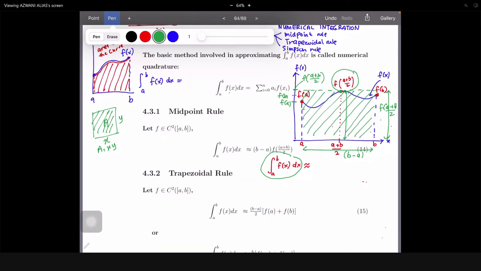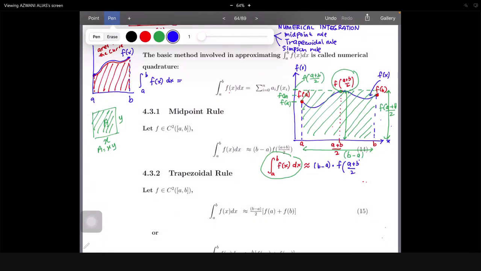So that is the area, or we call it Numerical Quadrature, Numerical Integration using the Midpoint Rule. So what you get is the base, which is B minus A, multiplied by the value of the height taken at the midpoint, which is the value of f of (A plus B) divided by 2.